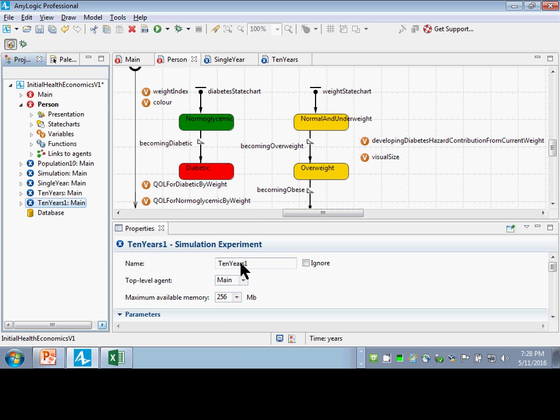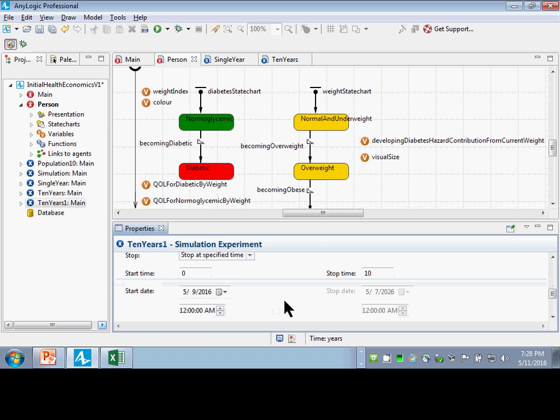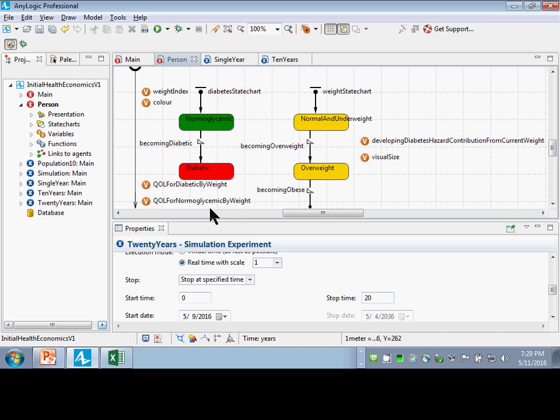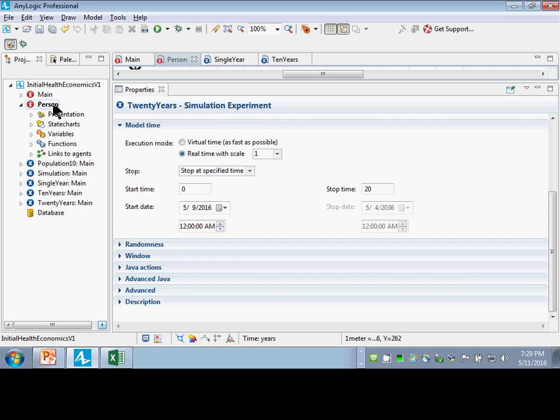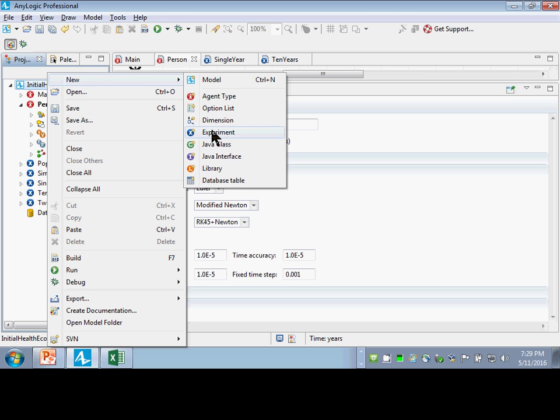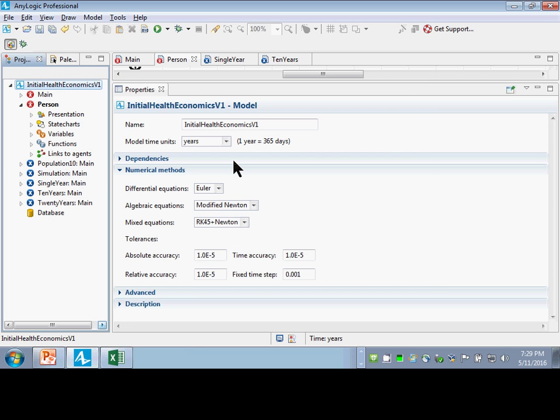You can add a new experiment, and then going down to the time area of that experiment, model time, I set it to stop at specified time, go from 0 to 20. Okay, and then I'm going to run it here.